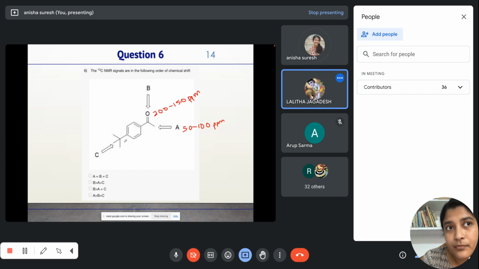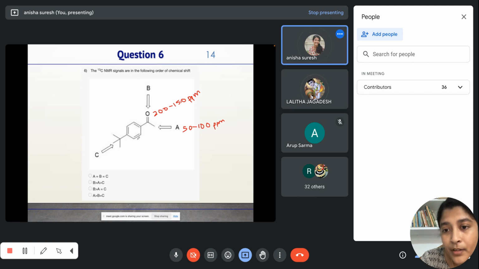It is 0 to 50 ppm. C will be coming in the region of 0 to 50 ppm, because there is no adjacent oxygen, it will be coming in the range of 0 to 50 ppm.